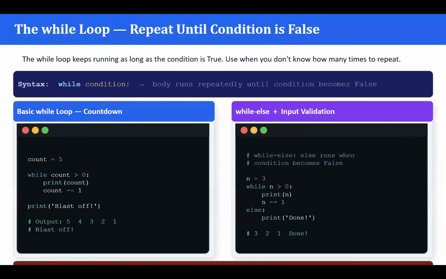Okay. Let's come to the basic while loop. If count is 5, until the count is greater than 0, print count and then count minus 1. So 5, then 4, then 3, then 2, then 1. If I have to make this an infinite loop, what change will I make?